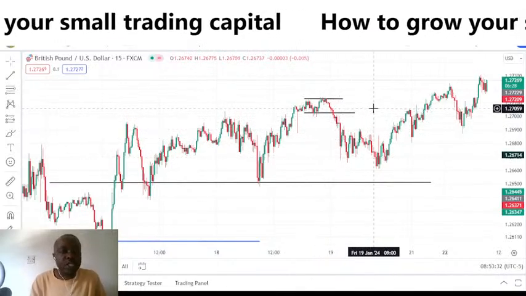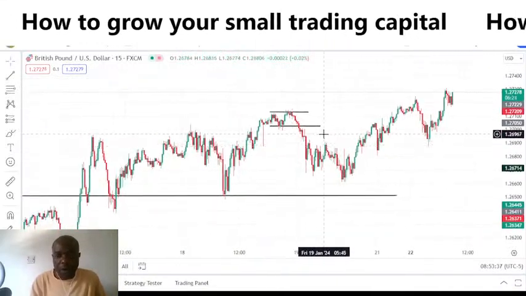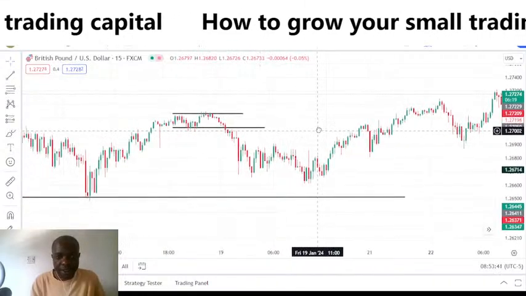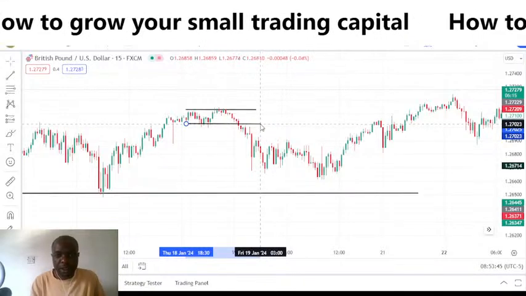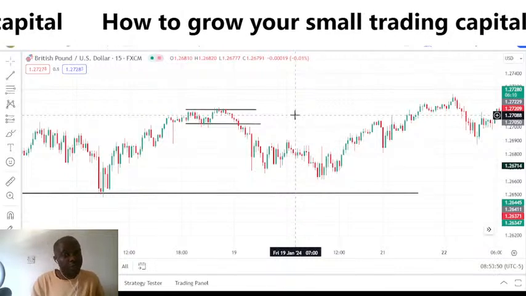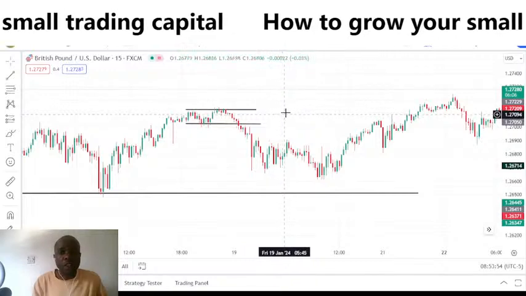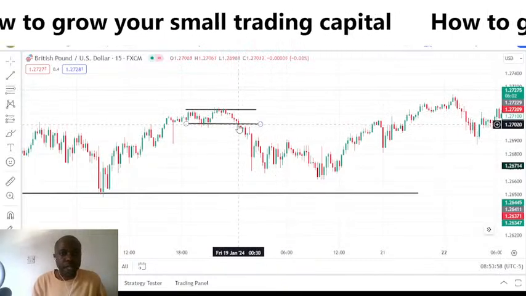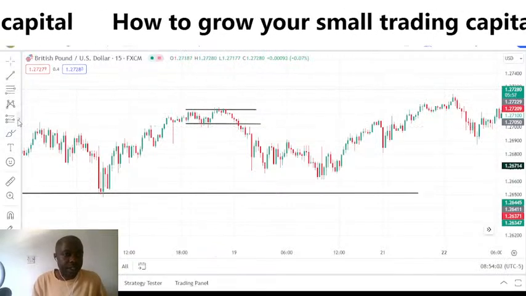So for you to do this, we are using non-directional bias now for this trade. What you need to do is to pick out your tool like this.